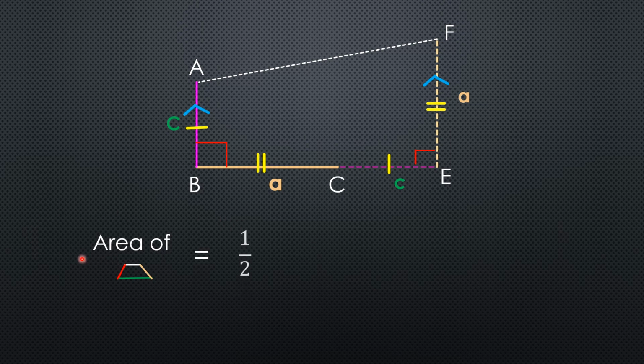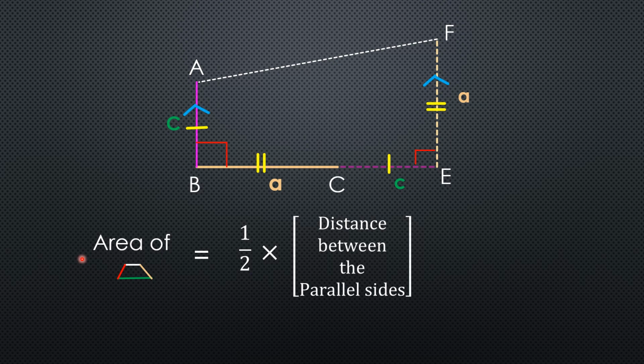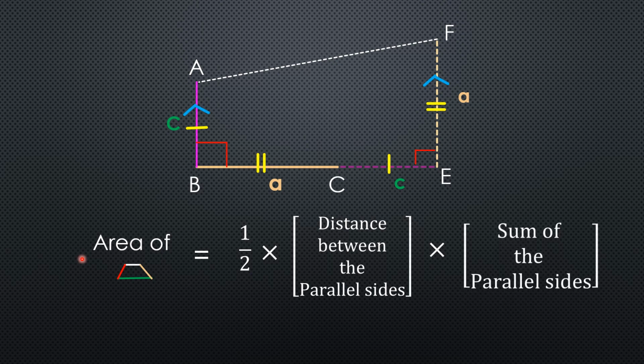It is equal to half into, yes, the distance between the parallel sides into, yes, you are right, the sum of the parallel sides. This is the formula for area of trapezium, which we will be using now in this proof.